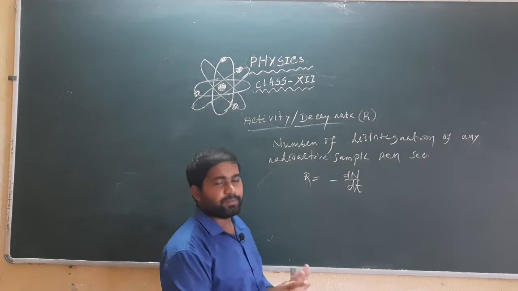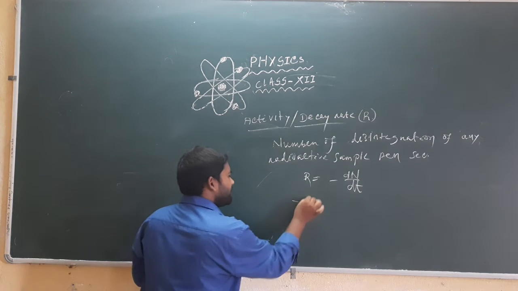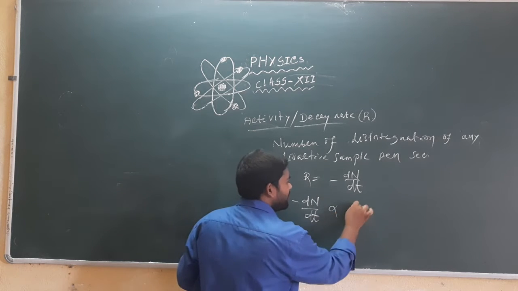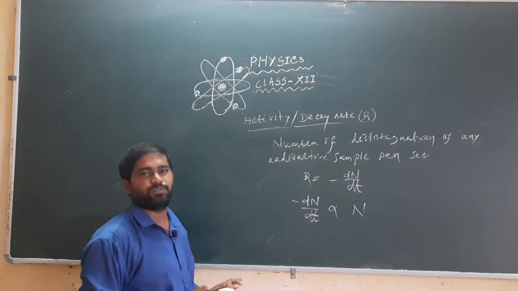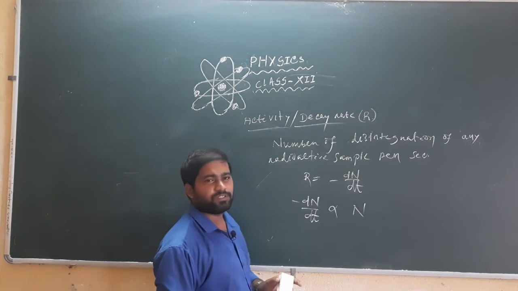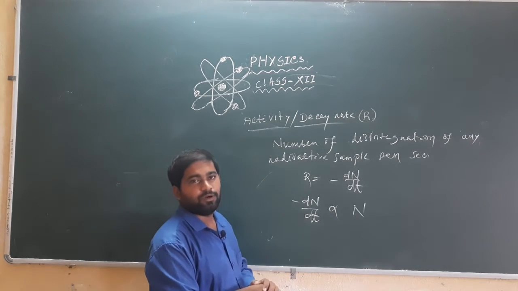But from the laws of radioactivity, we find the rate of disintegration always depends upon the number of samples left: dN upon dt is proportional to N, where N is the number of samples left in the material.